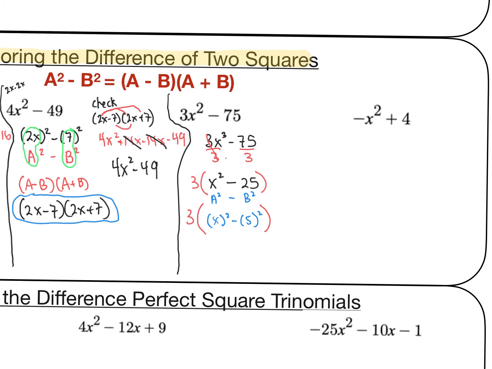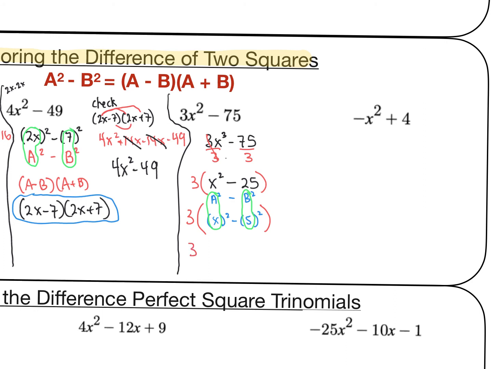Now we can match these up. So a is going to equal x, and b is going to equal 5. We're just going to be plugging them into this pattern like we did before.